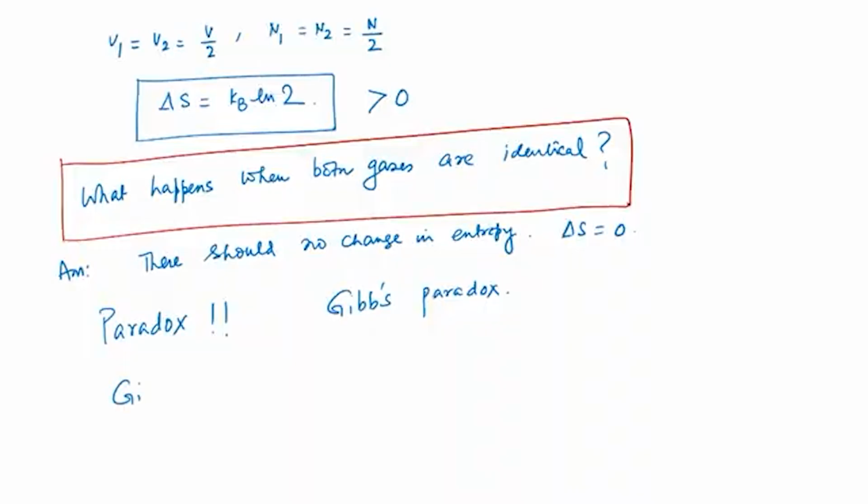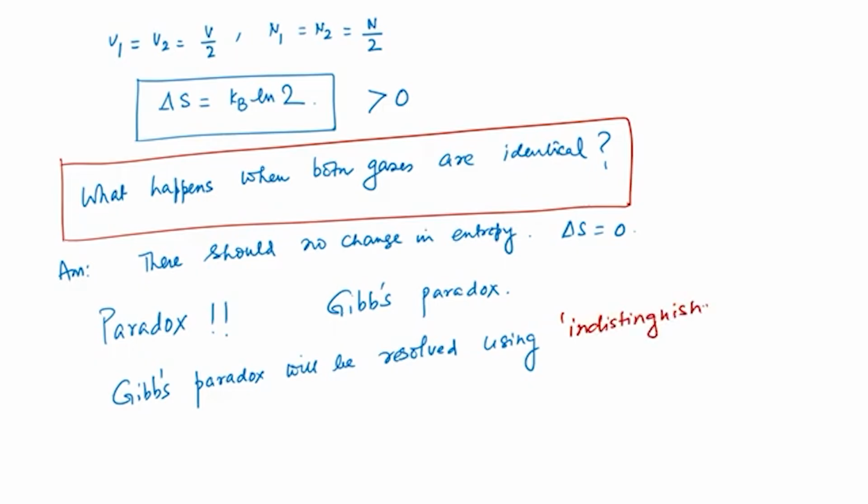So, Gibbs paradox will be resolved using indistinguishability of particles. And this is certainly not a domain of classical physics, and we shall see that later.